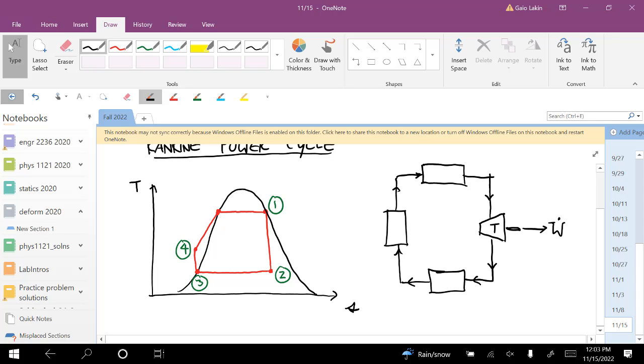You have the turbine, so this is state 1 going into the turbine, 2 coming out of the turbine. Then you have the condenser going from 2 to 3. And then you have the pump going from 3 to 4. And then you have the boiler going from 4 back to 1.